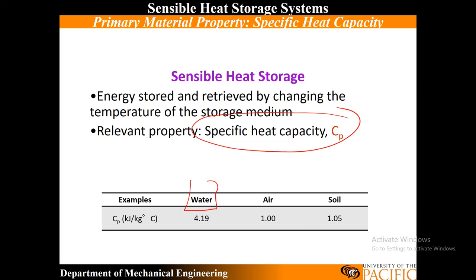So water would be an ideal candidate for sensible heat storage applications, but soil is much worse. Water has the highest specific heat capacity of any material. So sensible heat storage is just changing the temperature of the storage medium. It's just sitting there in the environment, it's going to absorb thermal energy, and then you could retrieve that later on.